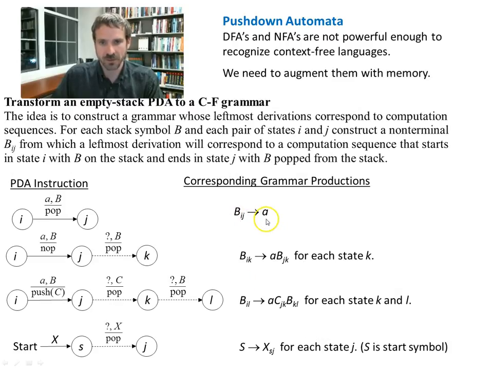We now have this. And if you go I, J to K, then you're going from Bik to A times Bjk, not times, but this is just how the production rule goes for each state K. And I agree with you that these subscripts start to get really complicated, but you have all of this right here.